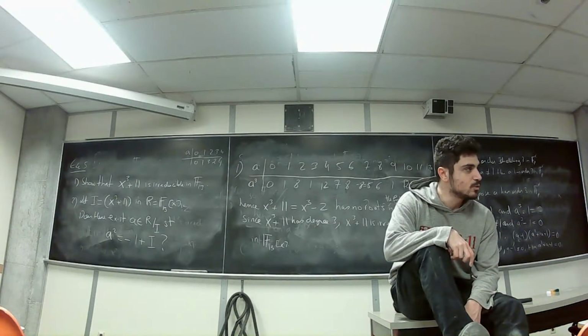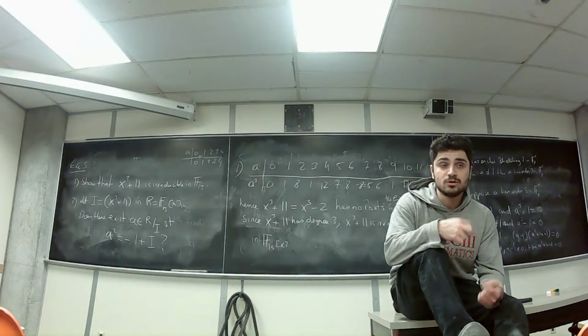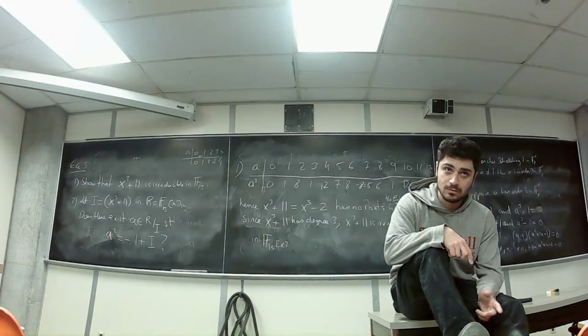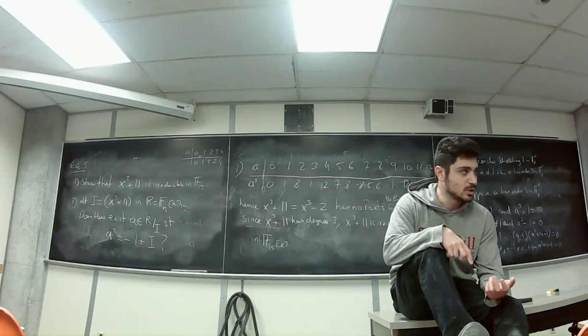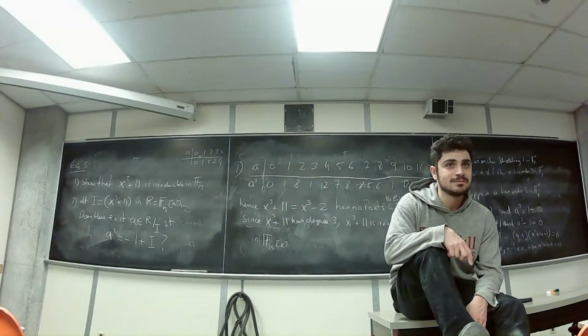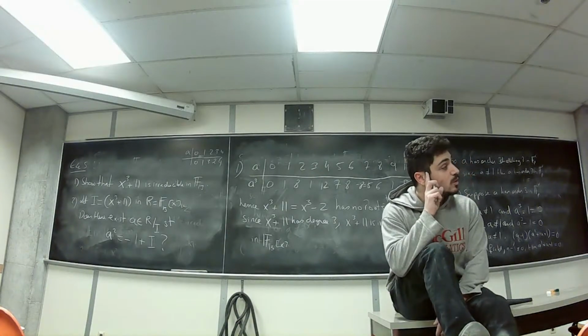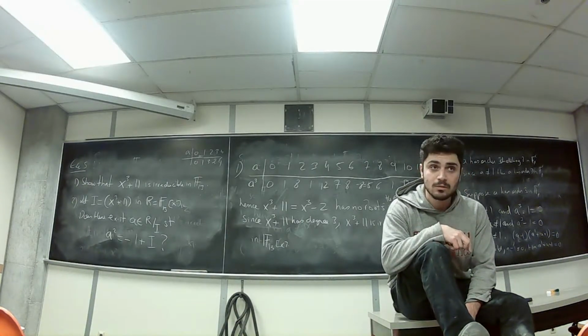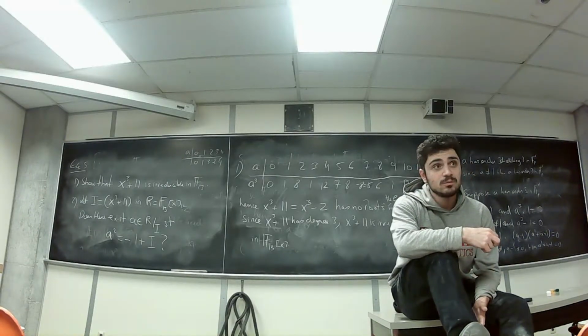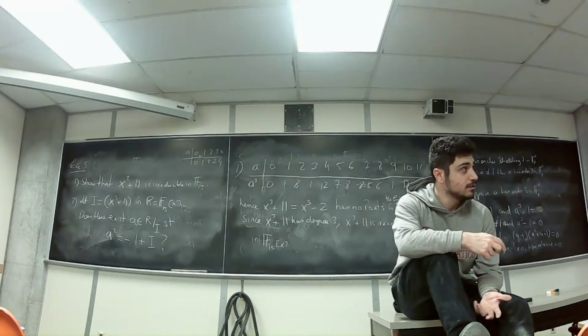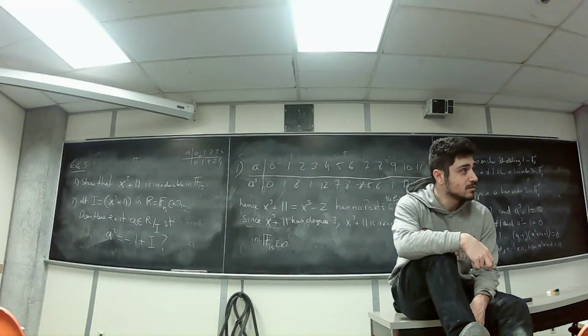If you have a squared equal to minus 1, is 1 equal to minus 1 in this field? No. Now, if a squared is equal to minus 1, can a be 0? No. Now, if a squared is equal to minus 1, a would belong to the multiplicative group of the field, the group of units, right?